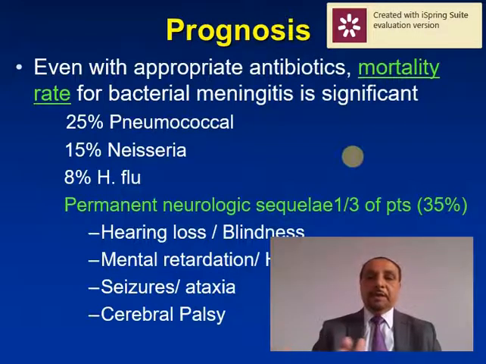In pneumococcal meningitis the mortality rate is about 25%, the highest. Neisseria comes after that, and Haemophilus influenzae has the least mortality rate, only 8%. In the prognosis, there will be permanent neurological sequelae, as we mentioned, in one third of patients, about 35%, like hearing loss, blindness, mental retardation, hydrocephalus, convulsions, ataxia, and cerebral palsy.